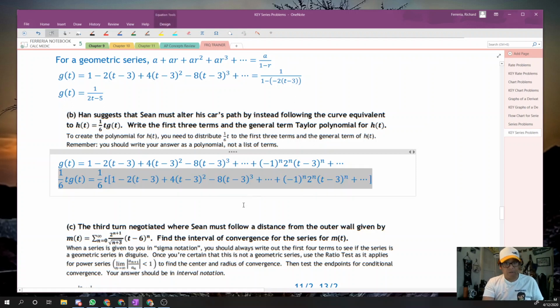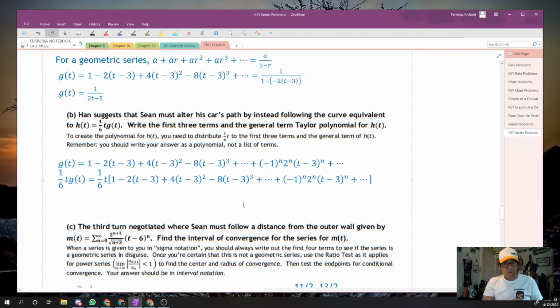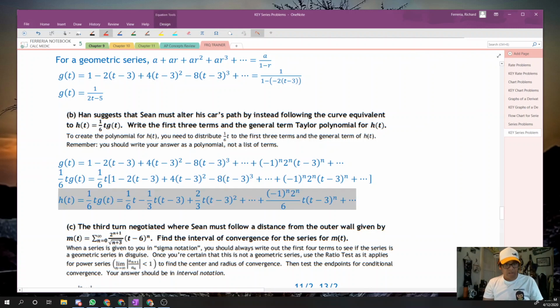So here you see, on the left side, I'm multiplying by 1/6 t. And on the right side, I have that 1/6 t just waiting to be distributed into the polynomial. So let's distribute that, and we get this series.